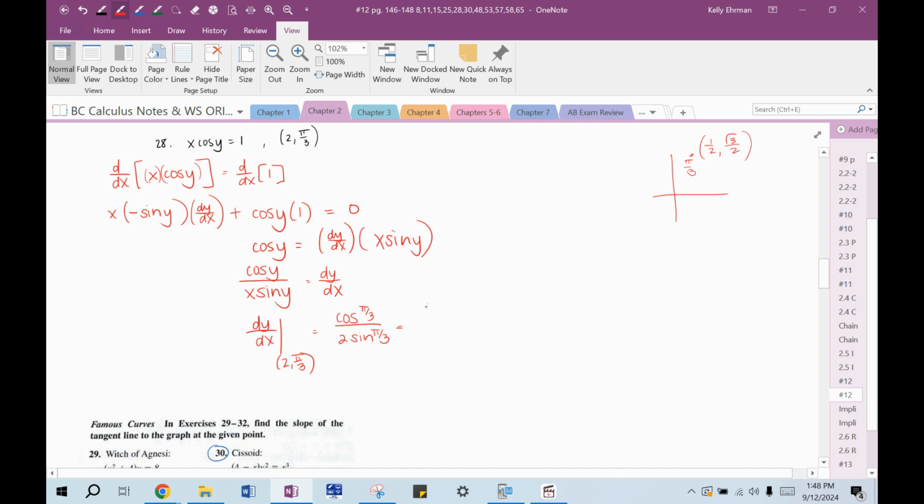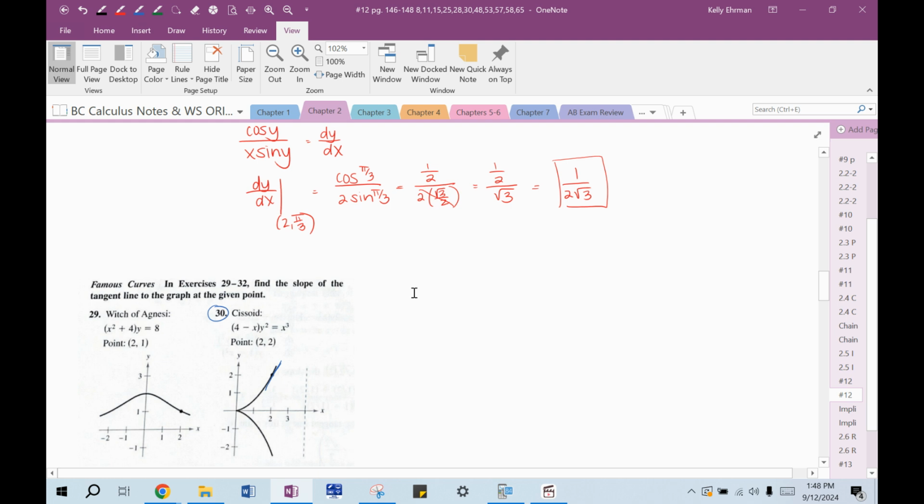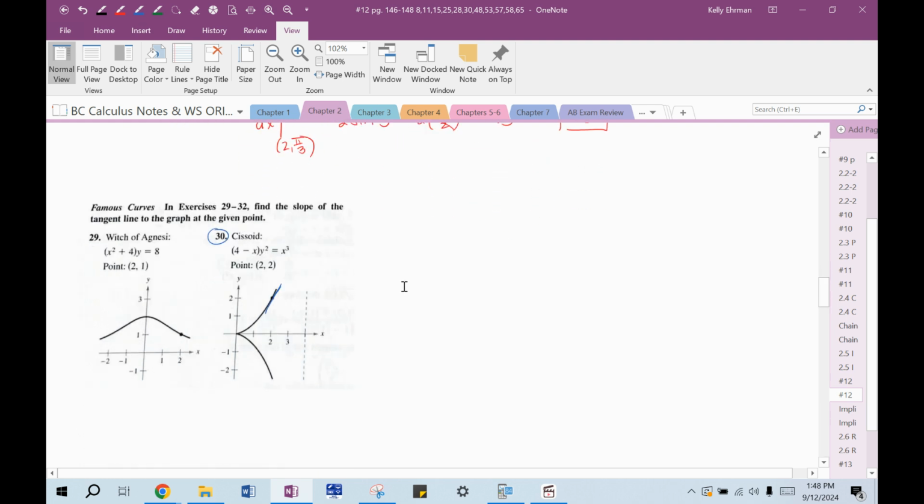So cosine is 1/2. And this is 2 times radical 3 over 2, which is really just 1/2 over radical 3. And that is really just 1 over 2 radical 3. And I'm not going to bother rationalizing my denominator. You don't have to for your AP exam, but you could if you want to.